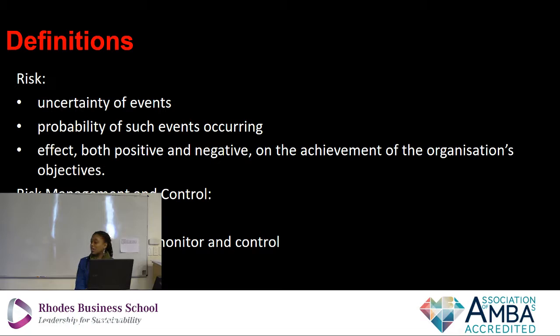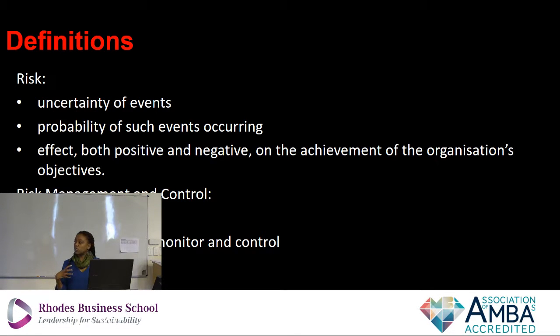We'd just like to start by defining risk and risk management for you. Risk comprises uncertain events, the probability of such events happening, and the effect, whether positive or negative, that it could have on the achievement of the objectives of the organization. It's important to bear in mind that this also includes opportunities lost.